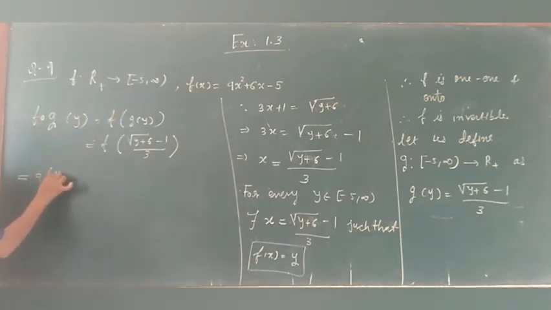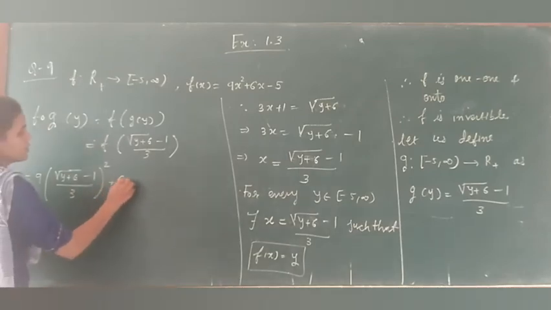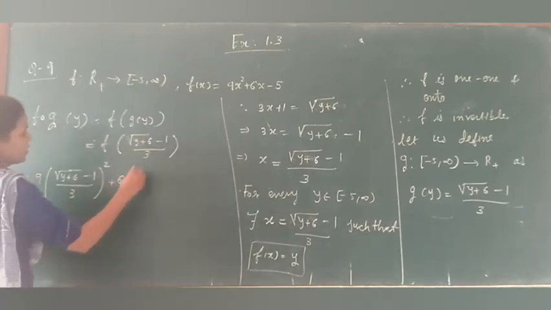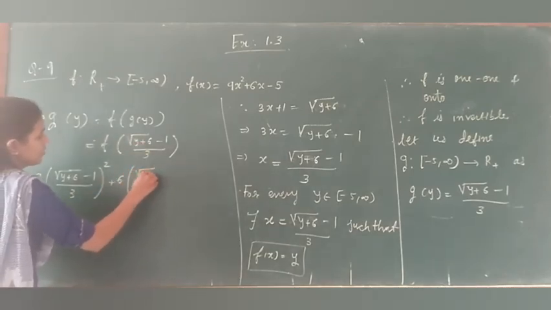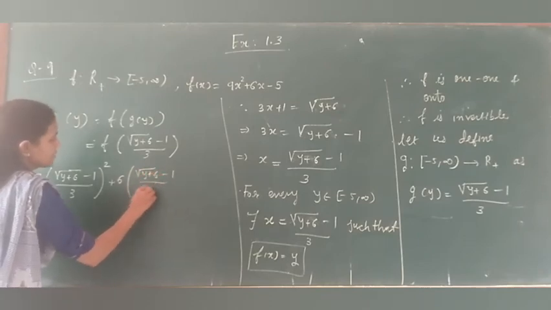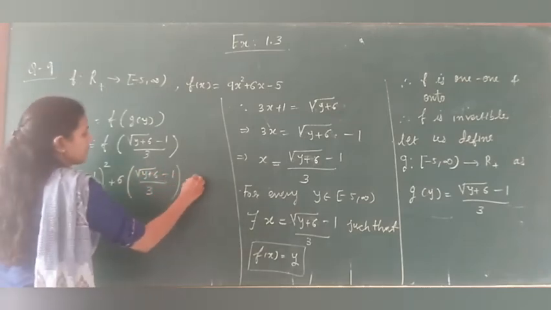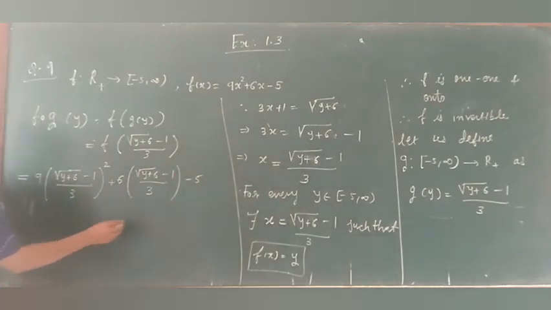So 9 times under root y plus 6 minus 1 by 3 whole square, plus 6x. At the place of x, we have under root y plus 6 minus 1 upon 3, minus 5.